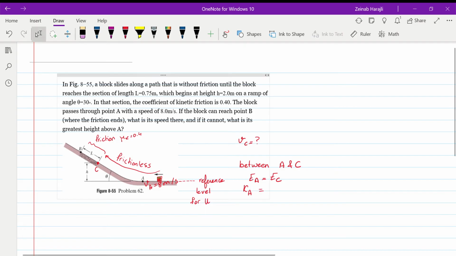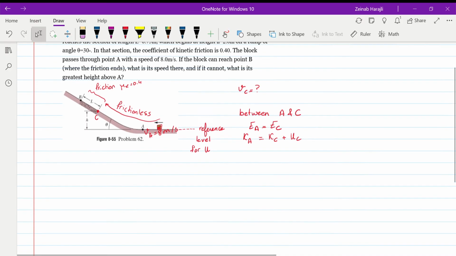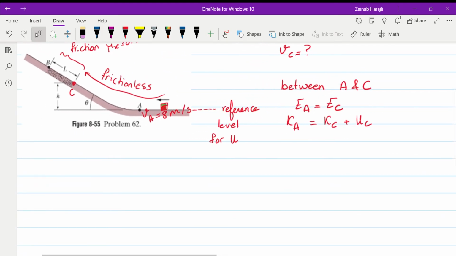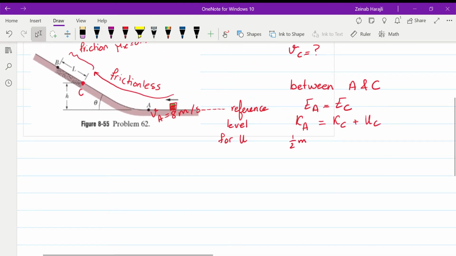At C, we have a mechanical energy which is formed by a kinetic energy plus a potential energy, because now we have a height above point A, and this height is given by 2 meters. So we can now substitute the formulas. This is going to be half m v_A squared equals half m v_C squared plus m g h_C.